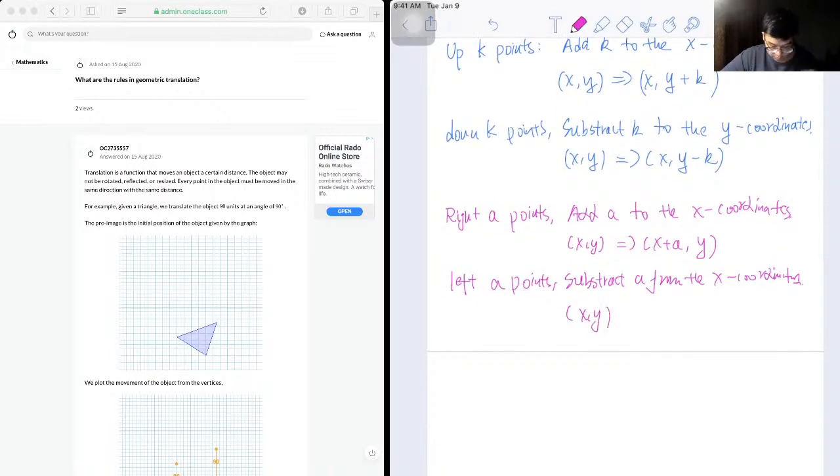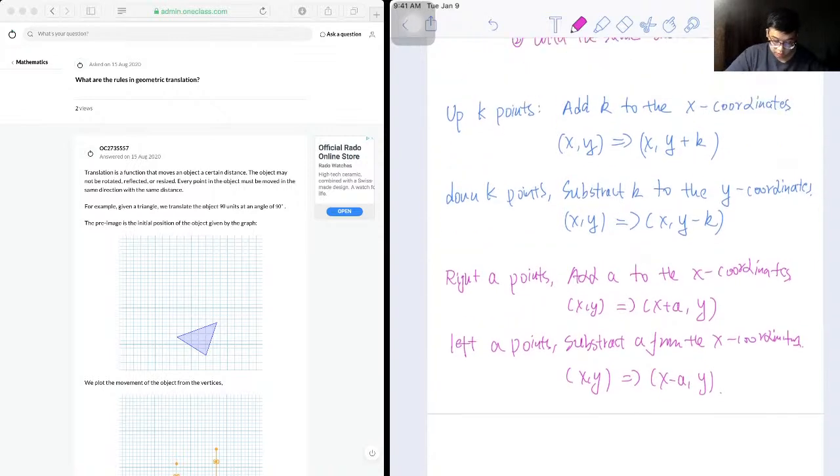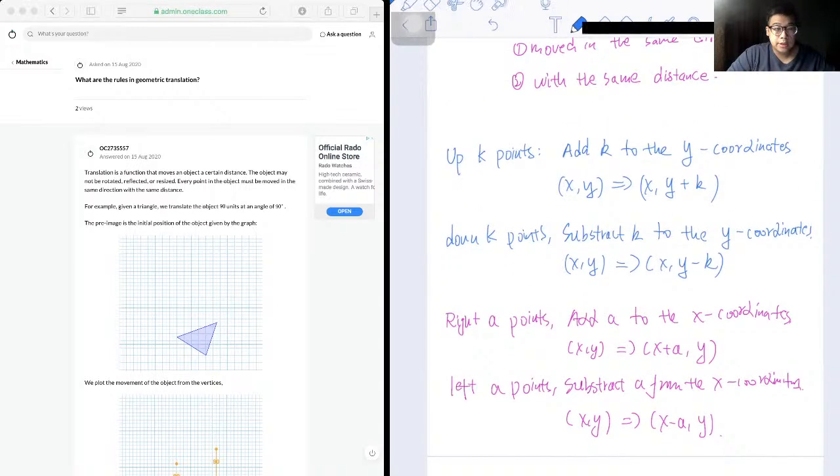So x y will become x minus a, y. Oh, there was a typo. When we want to move up k points, it is only dealing with the y coordinate.